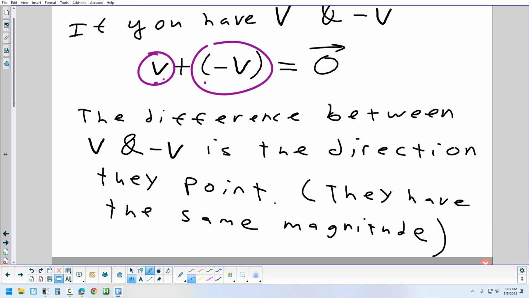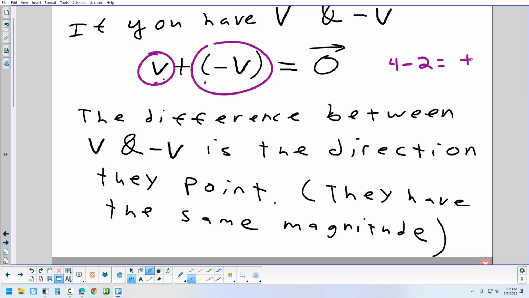So, let's look at something like this. 4 minus 2. Next, we're going to look at how do we subtract 2 vectors. Well, as long as we know how to add them, we can subtract them the same way. How could you think of 4 minus 2 as an addition problem? 4 plus -2.